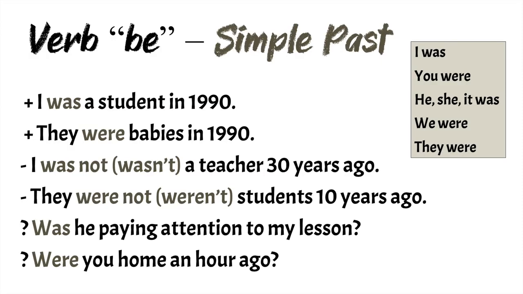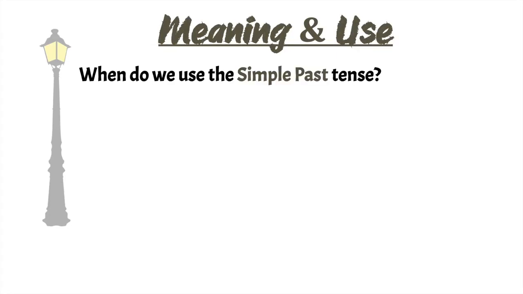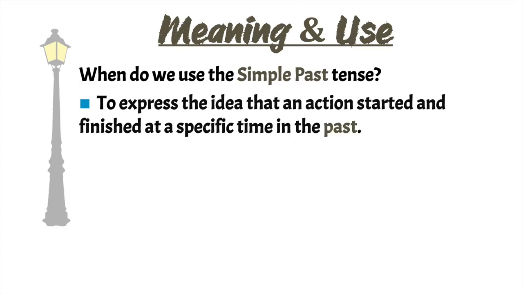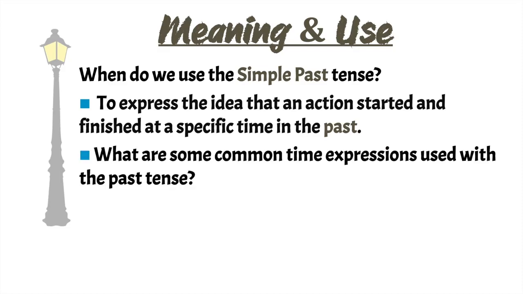You don't need did here. Okay, so meaning and use. When do we use the simple past or the past simple tense? To express the idea that an action started and finished at a specific time in the past.